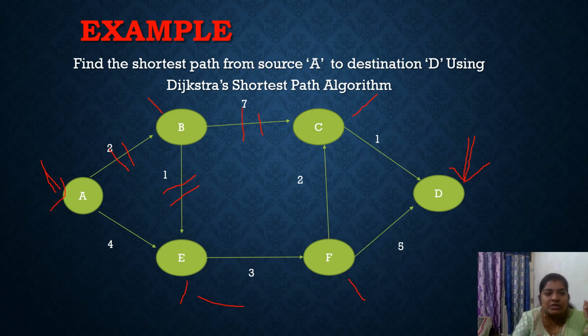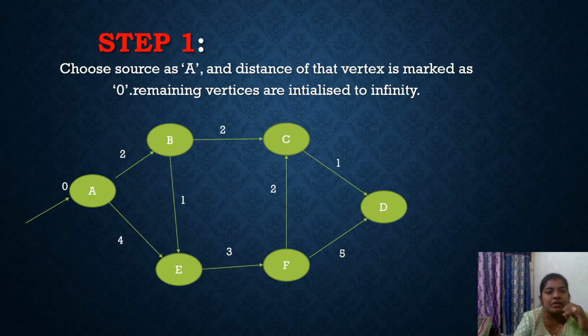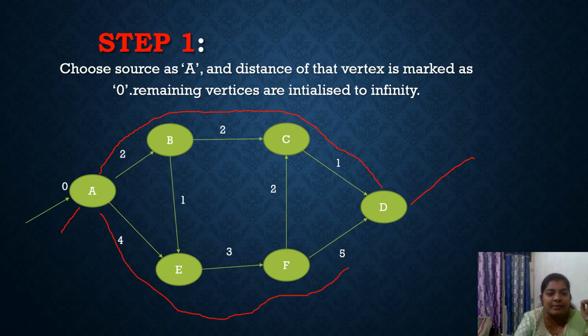So from this source A to destination D, there are so many paths. This is one path. This is another path.